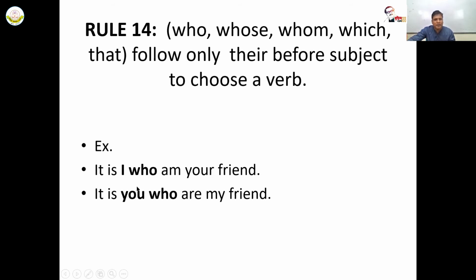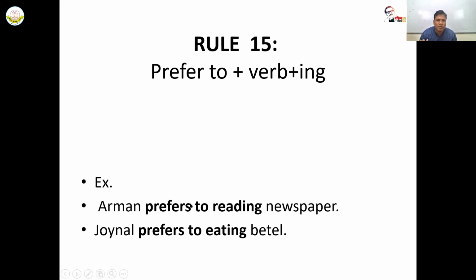This is also important, because in the exam hall, in the practical level, you get confused choosing the verb. So be careful here. And now, rule 50. Prefer to plus verb plus ing.